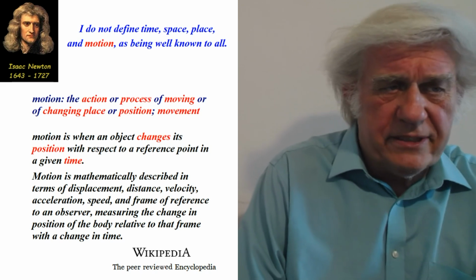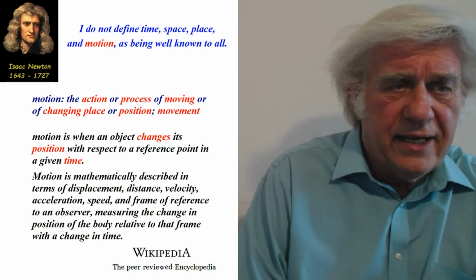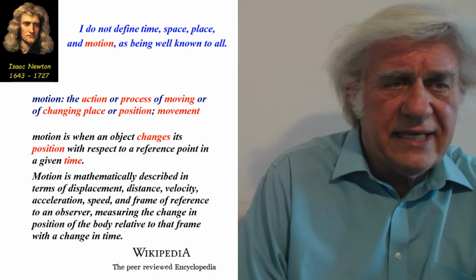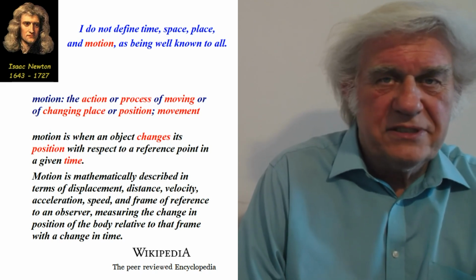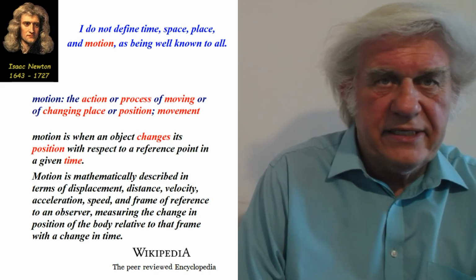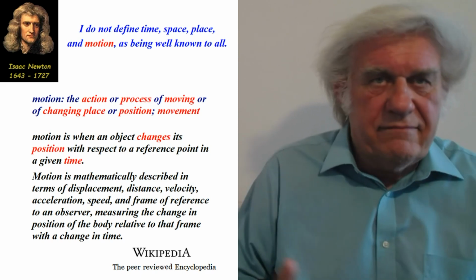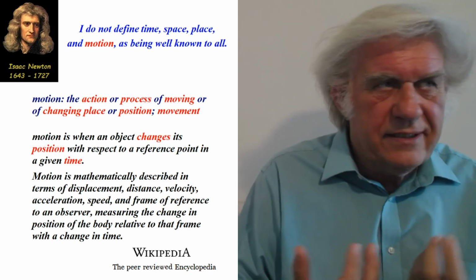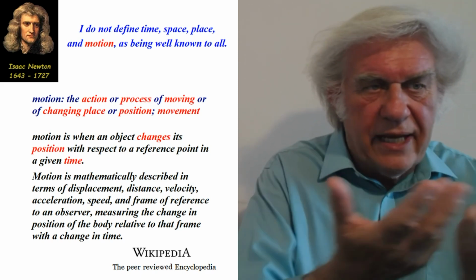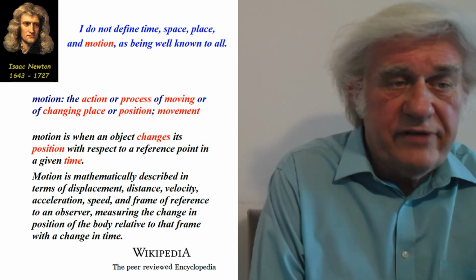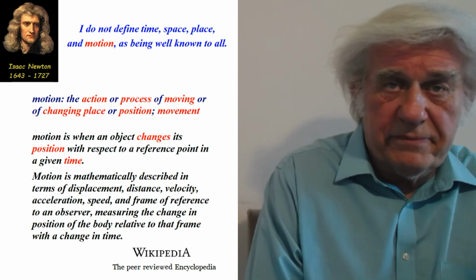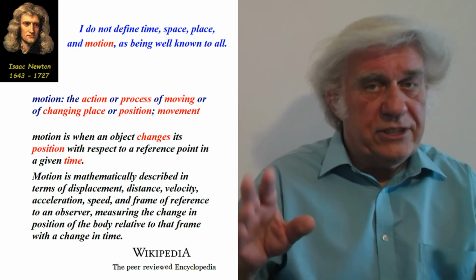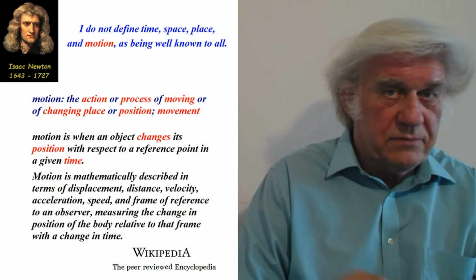Look up Wikipedia: what is motion? And I love the fact that they said the action or process. So they're already using words that are dynamic, that embody dynamism, like action and process, and moving, changing, and movement, even position, because position in mathematics, right? In the religion of mathematics, what is position?